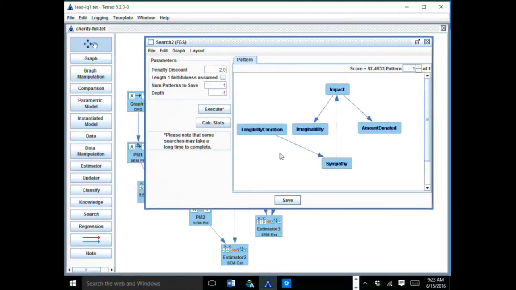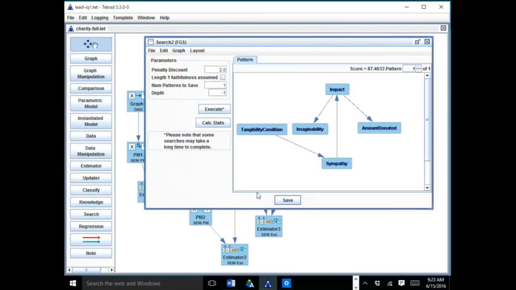But you'll notice that according to this model, the influence of the experiment went through one's attitude, sympathy, and then impact, but imaginability was an epiphenomenon. It didn't really have anything to do causally with the outcome. What we can see is that if there's anything proximate that's causing amount donated, it's how much impact you think you're going to have.